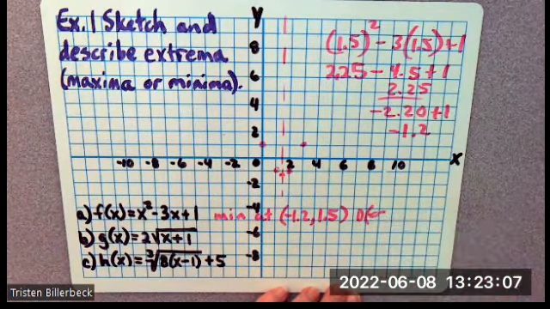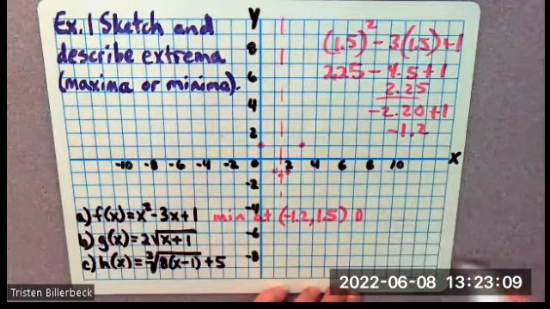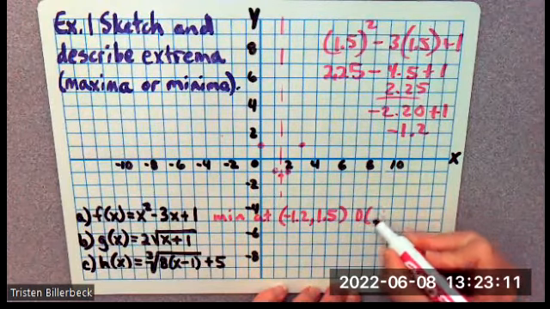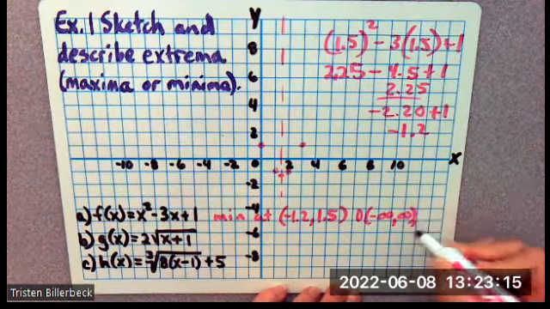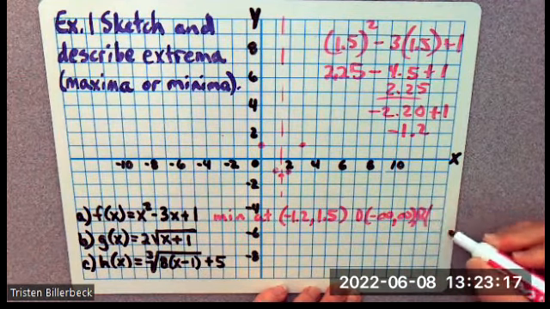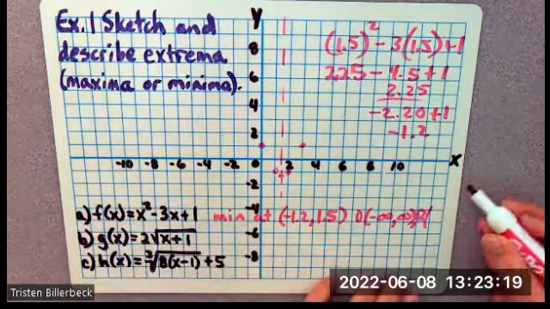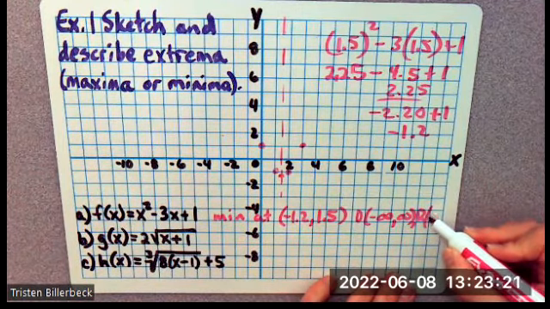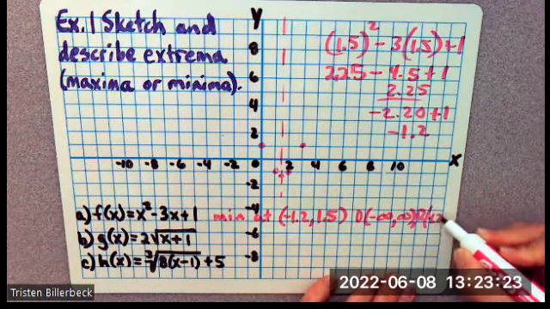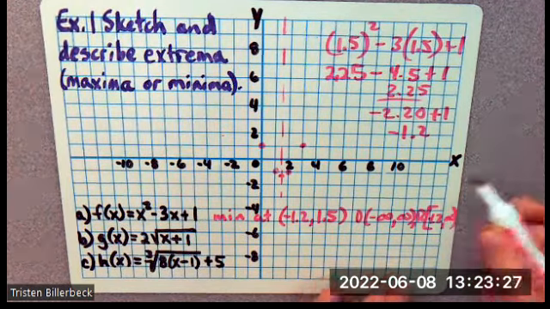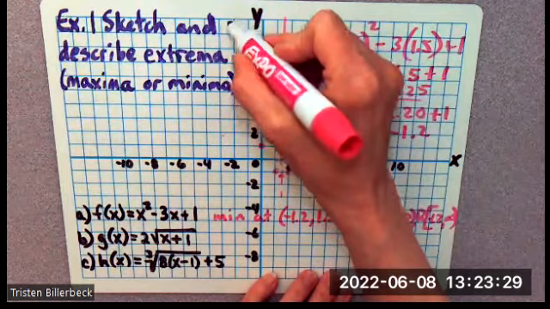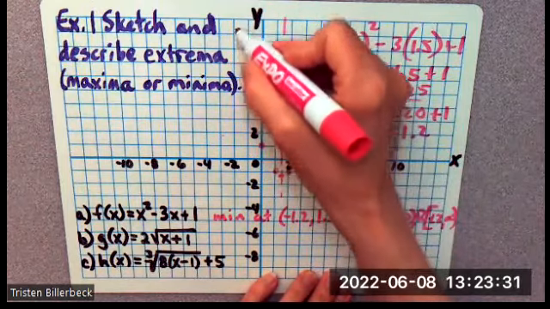So we can write negative infinity and positive infinity like that. And then the range would be restricted at the negative 1.25, and then it goes off to infinity. So if we were to graph this, it would look something like this.